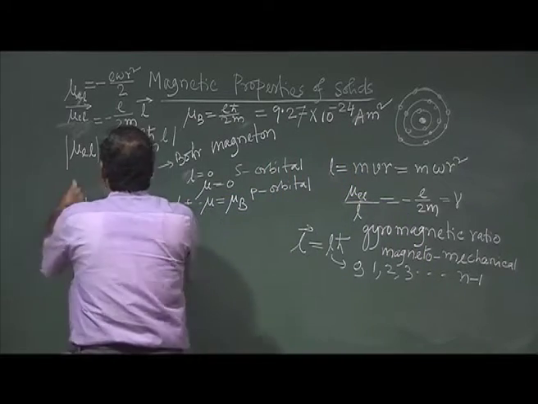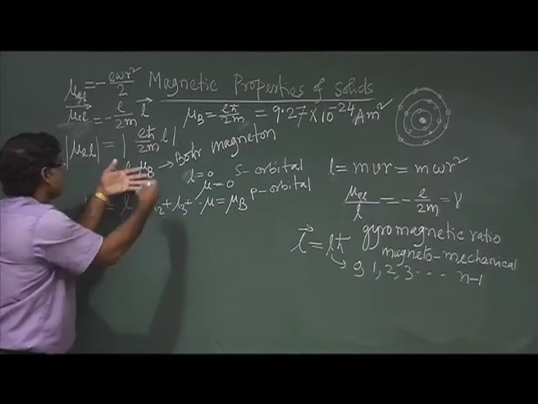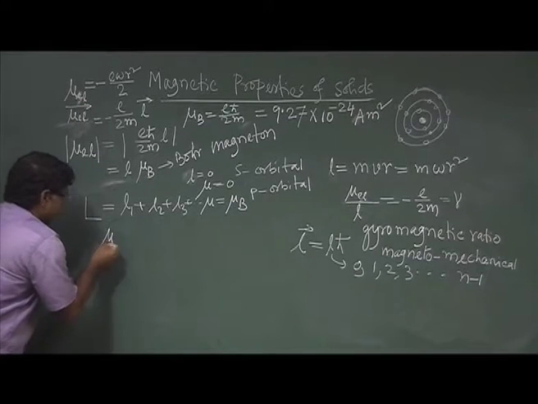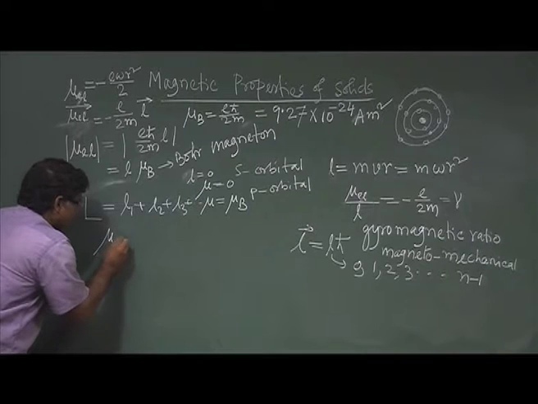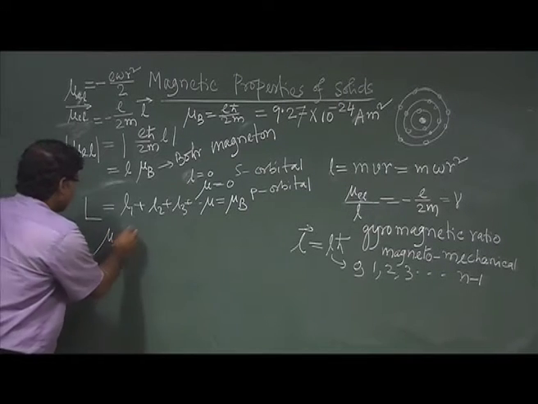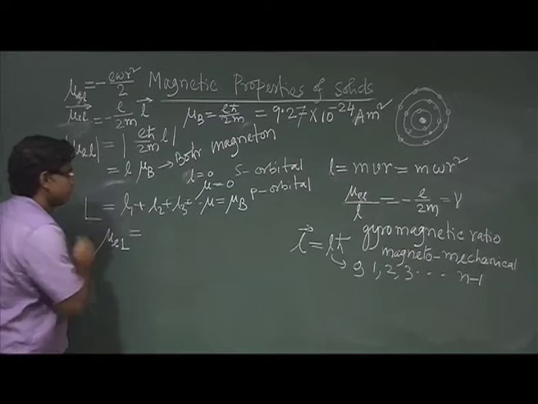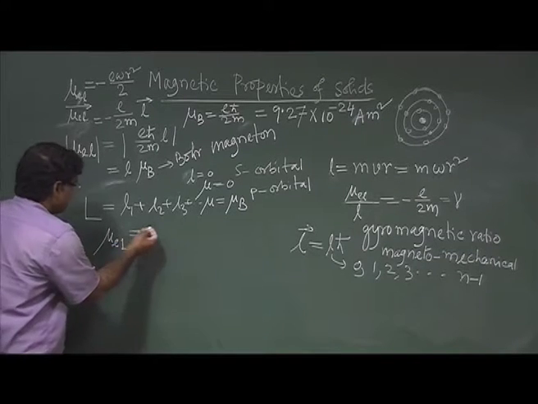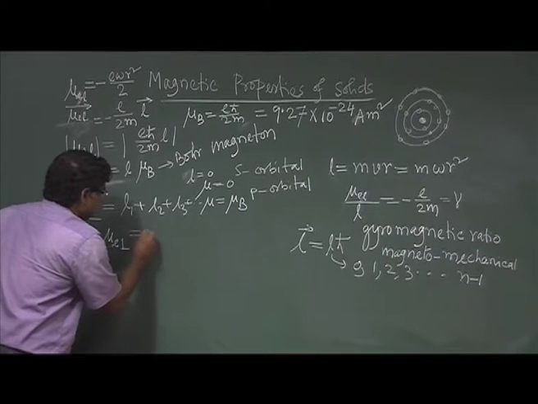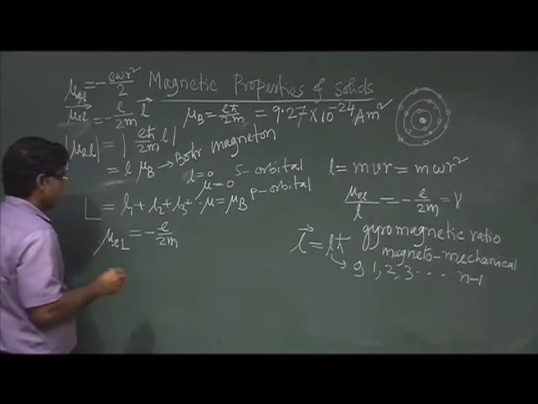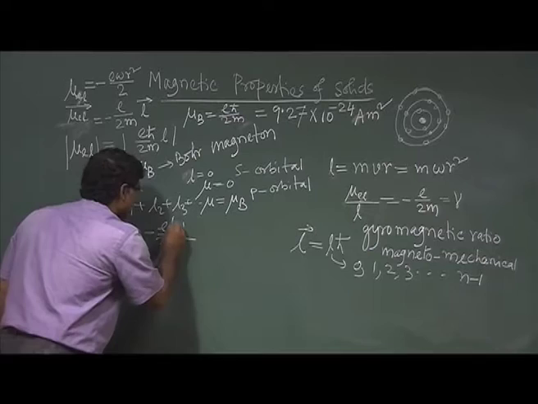So, then it follows the same similar things. So, then μ coming from this angular momentum will be minus e by 2m, okay, L ħ. So, ħ is there.